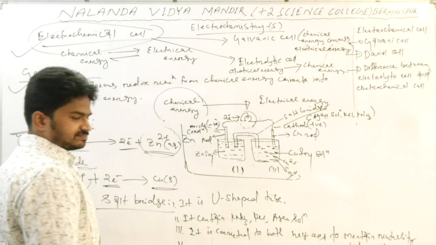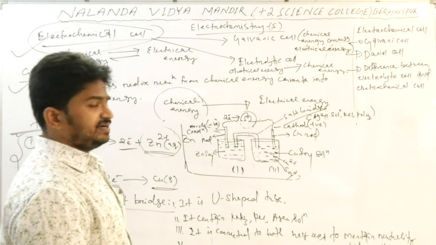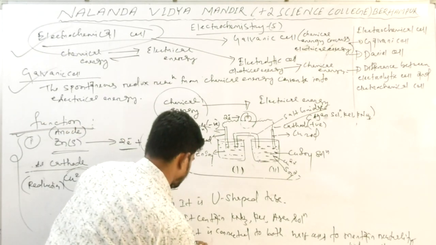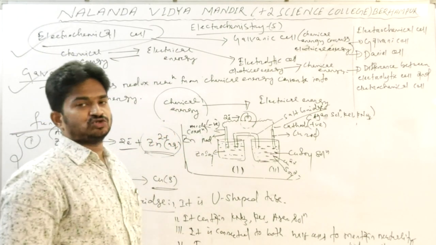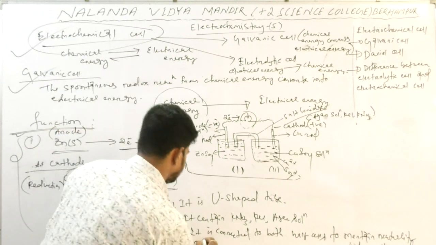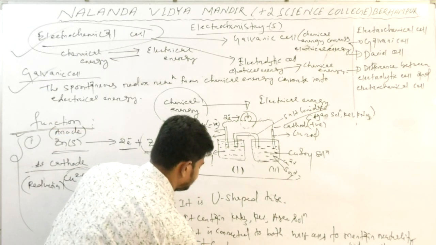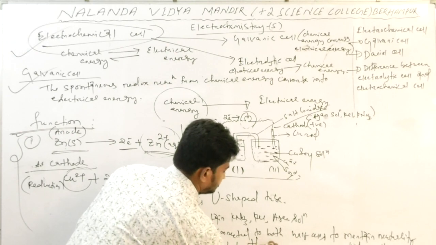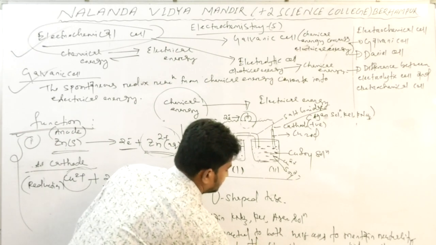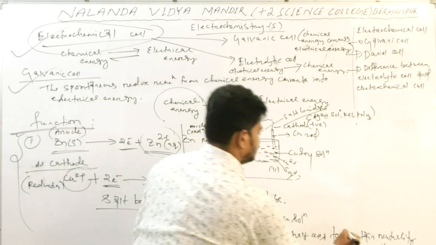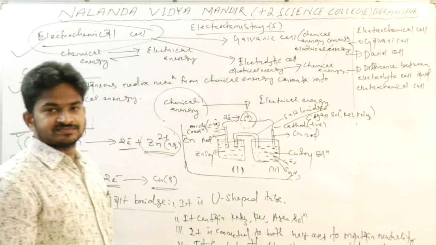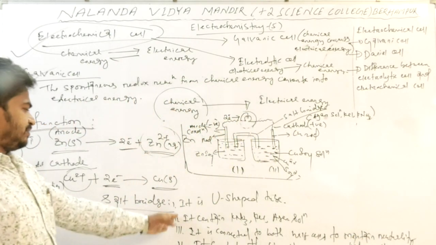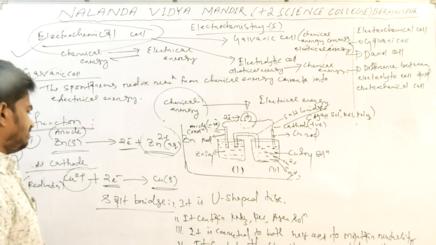Next, it completes the circuit. Another main use of the salt bridge is that it completes the circuit. So these are a few characteristics shown by the salt bridge.